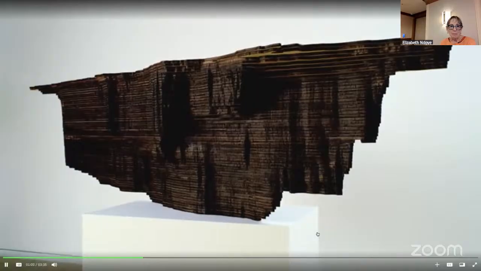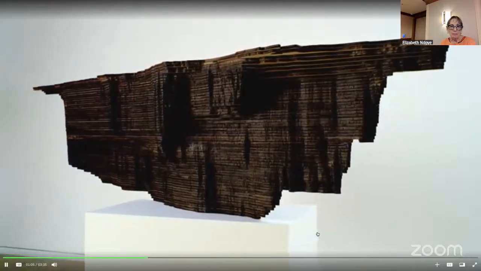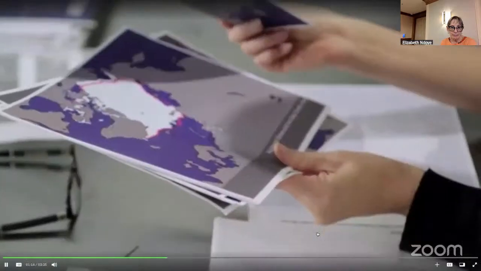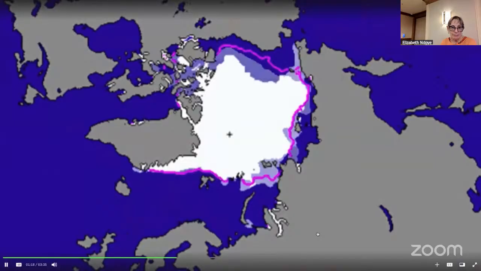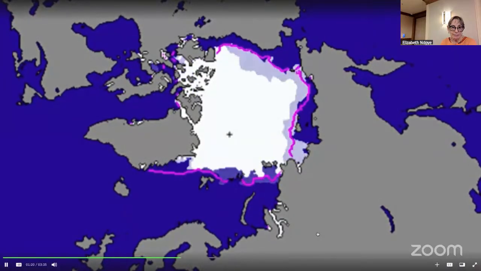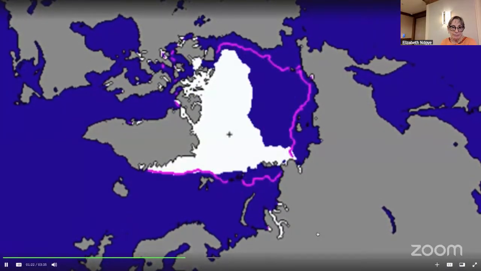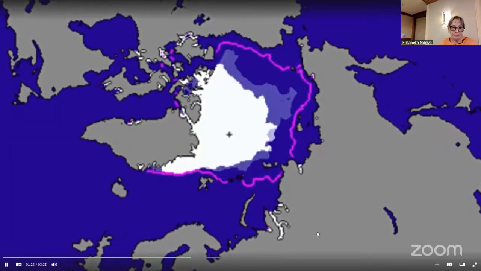In a previous show, I had done these bodies of water, like the Caspian, the Red Sea, and the Black Sea. So I'm going to be cutting into stone this time these disappearing bodies of water. What we've got today of the Arctic ice shelf versus what it was like in 1980.